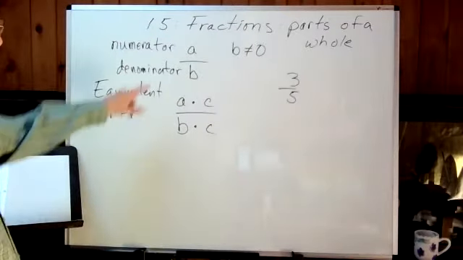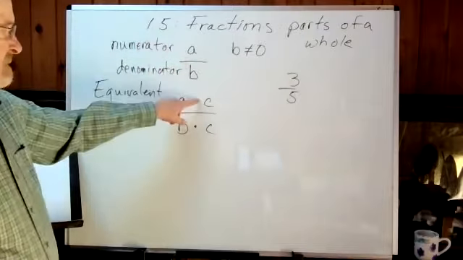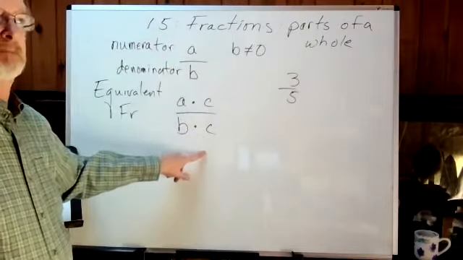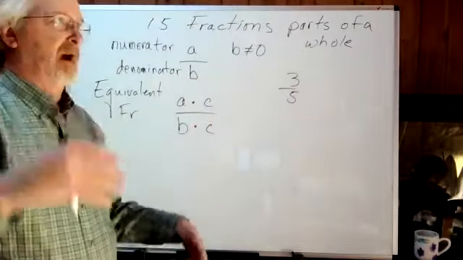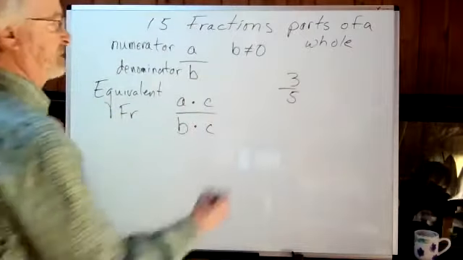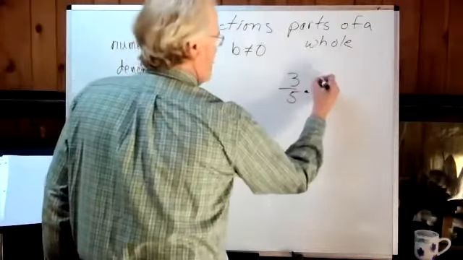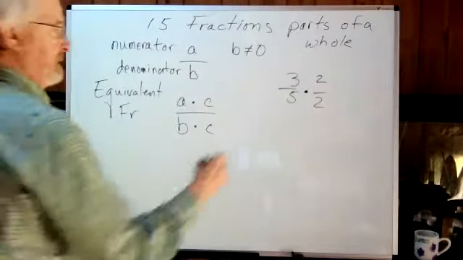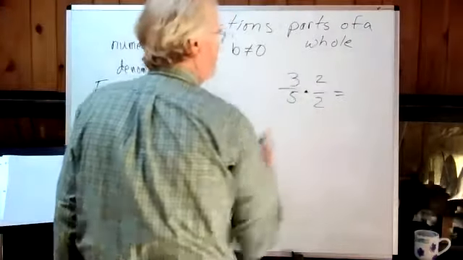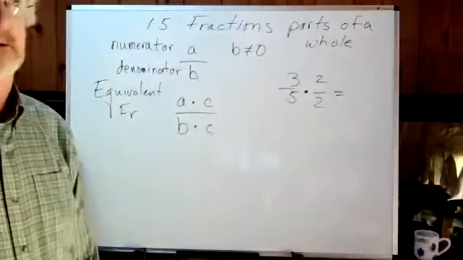So an equivalent fraction: if I start with this one, as long as I multiply the top and the bottom by the same number, it's like making them both proportionally bigger, I get an equivalent fraction. So if I take this one and multiply it by 2/2, I get to a new one. Well, here we're already talking about how to multiply.